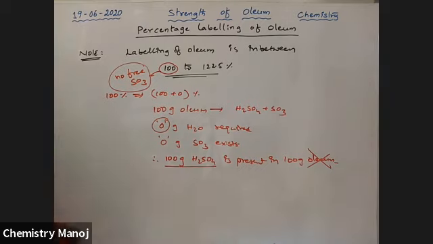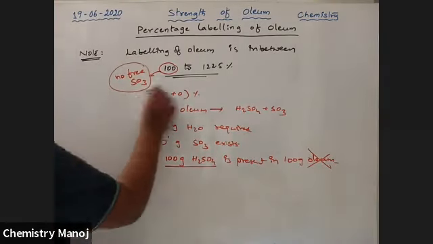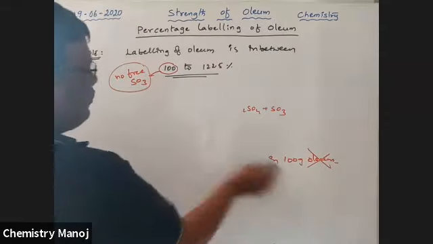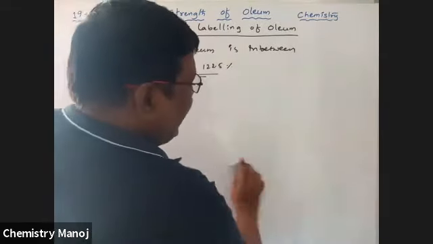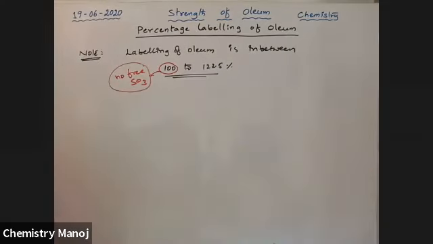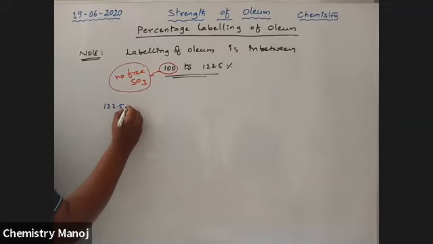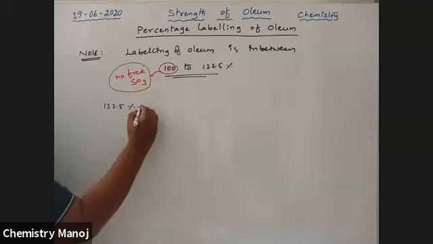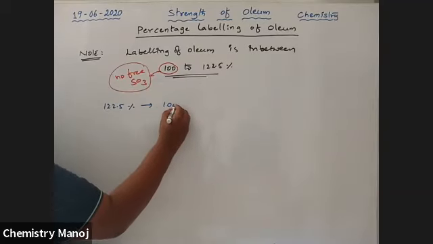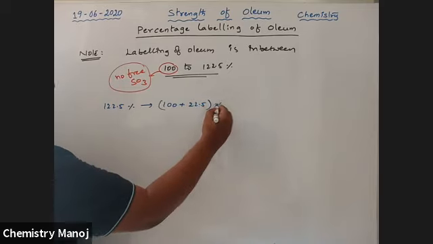Now I am taking the other option, that is the maximum condition. I will explain the maximum condition. For example, I am taking 122.5%, that means 100 plus 22.5%.